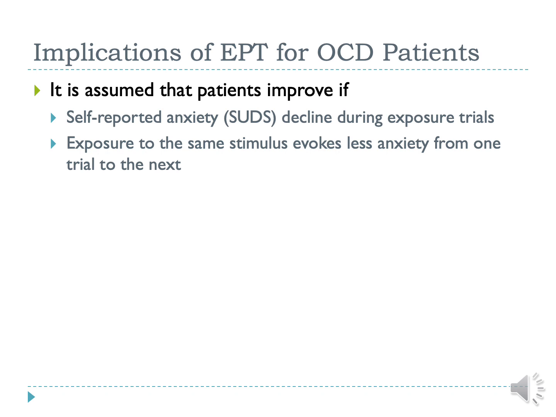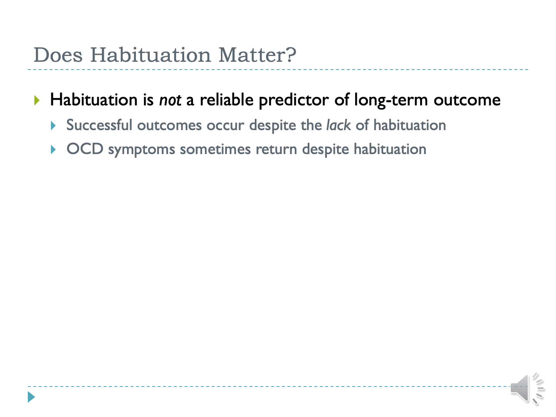The idea here is that the person improves if their SUDS goes down during the session and between sessions. Michelle Craske, however, about a decade ago, if not a little bit more, asked the question of, well, does habituation matter? How reliable of a predictor is habituation in terms of predicting long-term outcome?